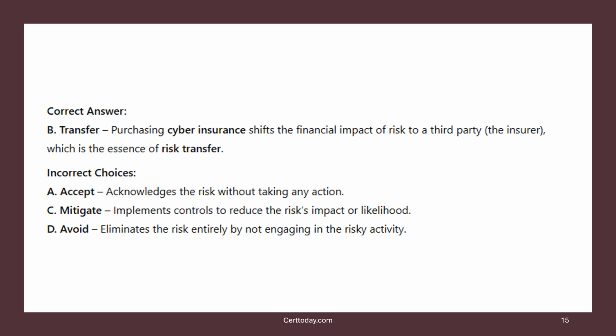And finally is the avoid. So here avoid, option D, is incorrect because avoid eliminates the risk entirely by not engaging in the risky activity. So let's say that a company is trying to open another division, another branch in another area, and it is determined that that area is too dangerous. It could be because there's too much crime, or maybe it's an area that is prone to earthquakes or tornadoes, or whatever the case is.